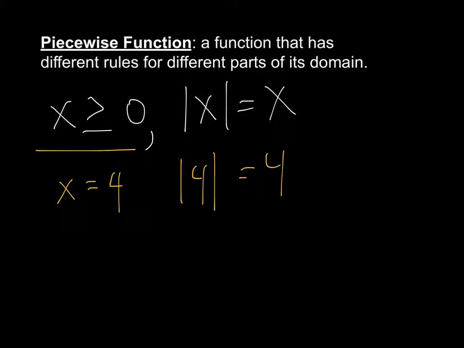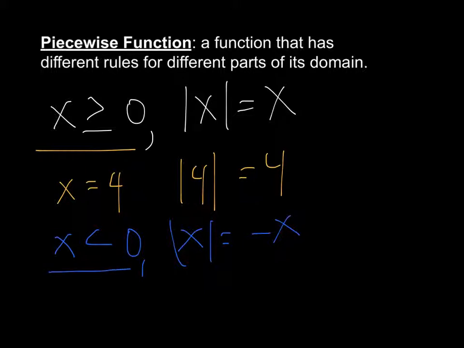However, when x is less than 0, the absolute value of x equals negative x, right? Because if x is less than 0, that means it's negative. So when x equals negative 3, the absolute value of negative 3 is not equal to negative 3, right?